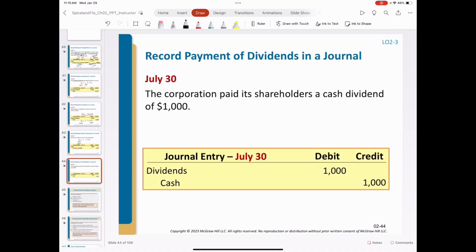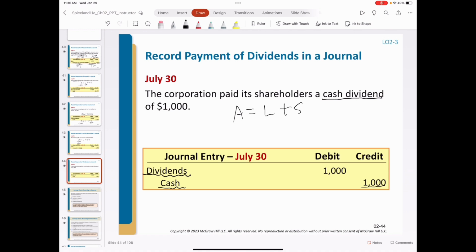On July 30th, I think this is the last transaction. The company paid its shareholders a dividend, cash dividend. So this is a payment, a cash outflow, $1,000. And when the company declared dividend and paid dividends, we will debit dividend. A debit to dividend has the impact that stockholders' equity decreases. Well, this is a cash payment, so we credit cash.